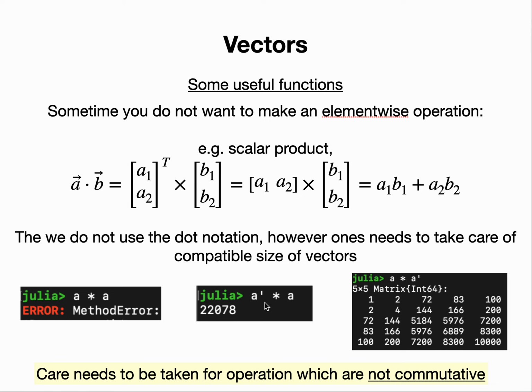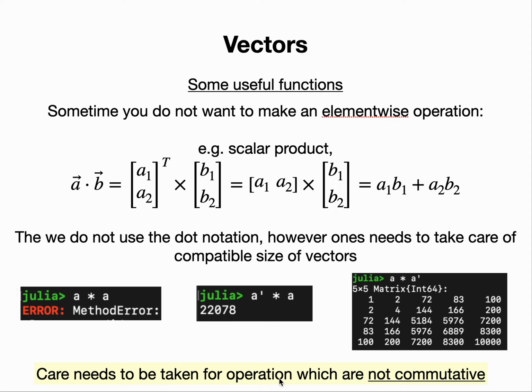You can do A transpose A. That's what we did just here. This is the scalar product. That's the result you should obtain. And you can also do A times transpose of A. And now, if you do this, you will generate a matrix. This is an outer product. So the matrix will have a size of 5 by 5. We will discuss matrices in the next video.